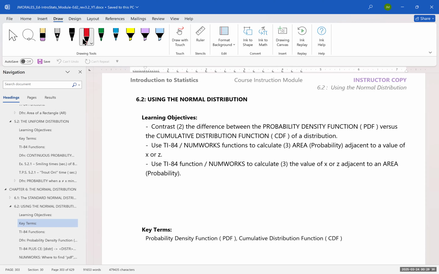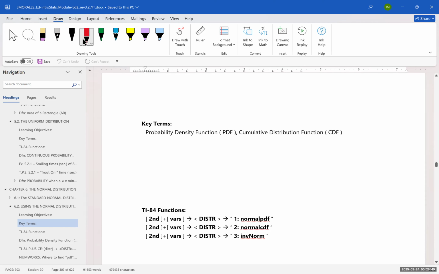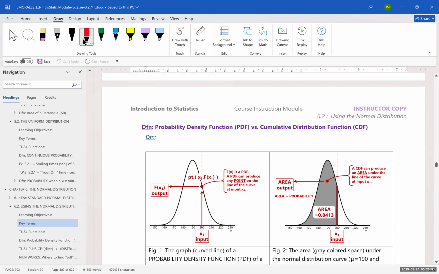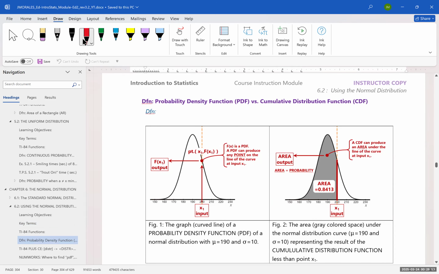So in this section, we're going to be applying the normal distribution to problems, but specifically now we're going to be looking at probabilities. We're going to be looking at areas under the curve. So when it comes to distributions, or in this case, a normal distribution, there are two kinds of functions.